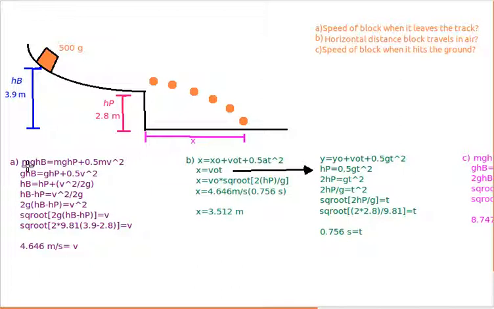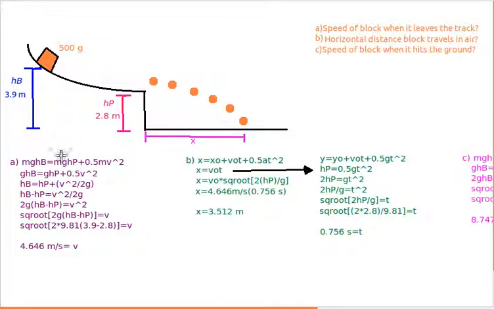So here, the block has potential energy, which is equal to mass times gravity times the height, and then at this point the block has potential energy and kinetic energy, and so we have that point being mass times gravity times HP, this new height, plus half times mass times velocity squared, which equals the kinetic energy at that point.